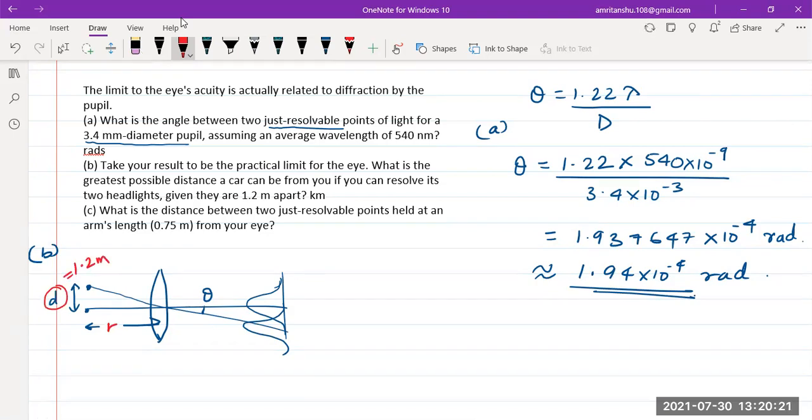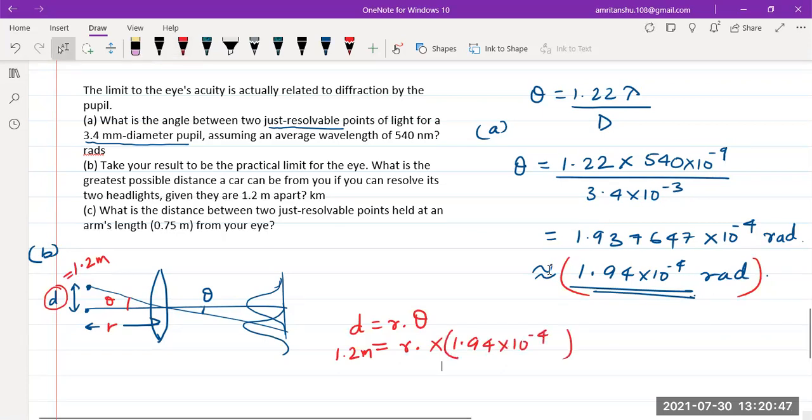Now if this is theta, this is also going to be theta, and d is equal to r times theta. Correct? So this comes out to 1.2 meters. This r we are going to calculate, and this theta we have already calculated, which is 1.94 into 10 raised to minus 4 radians.